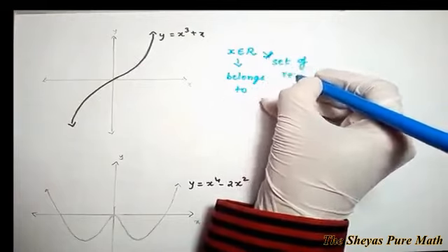So -1 to 0, the graph is increasing, and 0 to 1, the graph is decreasing.